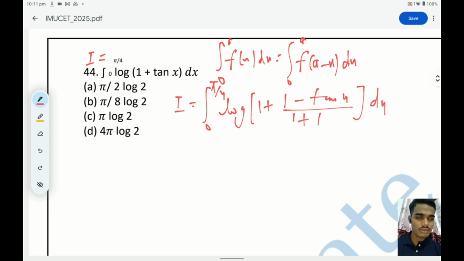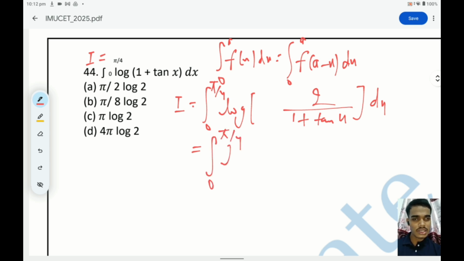Okay, if we add these values, we will get 2 upon 1 plus tan x. Then use the log property. We will get integral 0 to pi by 4 of log 2 dx minus log 1 plus tan x dx.